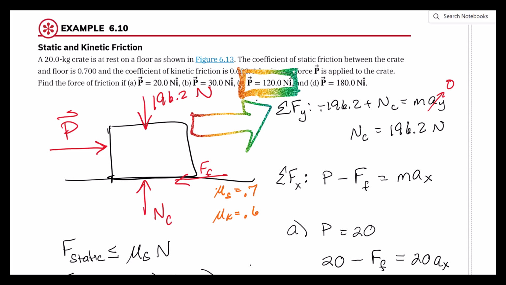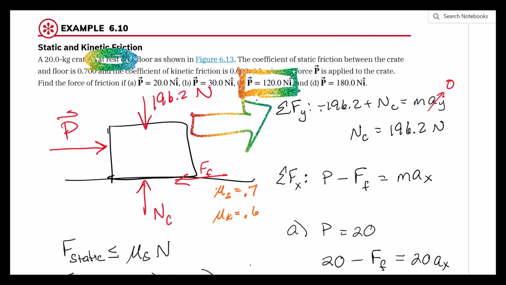Since it says that this crate is at rest, it doesn't matter that that force could overcome kinetic friction, because we have to get it moving first. So even though 120 is greater than that kinetic friction, it doesn't matter because it has to be more than that to get it started.